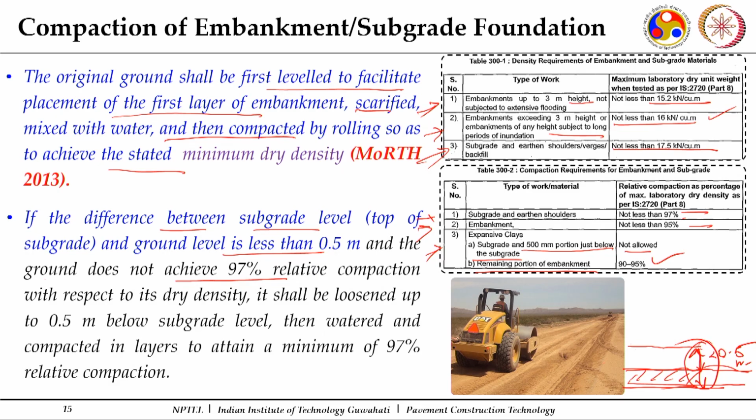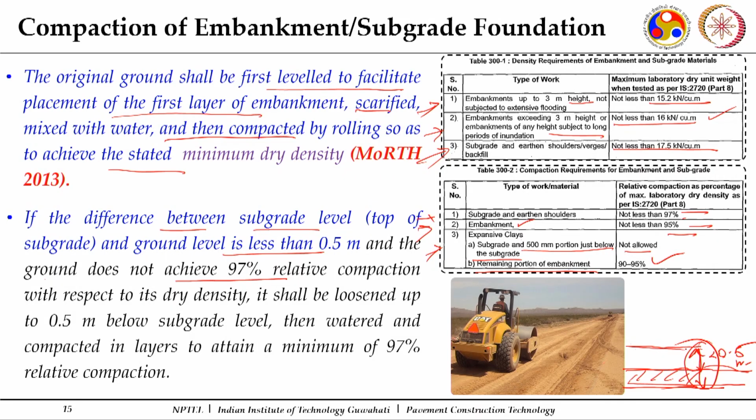Anything just under the subgrade will be your embankment, and that should not have a density less than 95% of its maximum dry density. So, we need to ensure that it is compacted. If the difference between the natural ground level and the subgrade top is not there, then I need to ensure that the entire layer is at 97% of the laboratory maximum dry density.